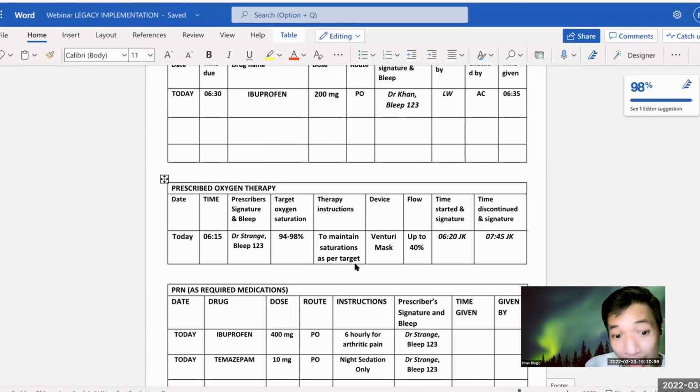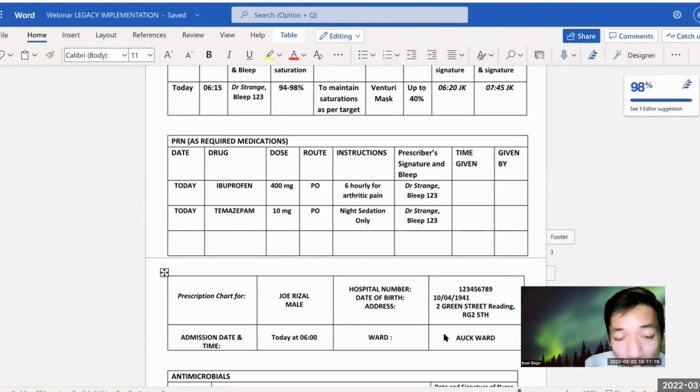And of course, you have to escalate that to the doctors in case you want to give something for the patient. A pain score of 6 out of 10 is moderate pain. So don't tell the patient, "Oh, Joe, let's wait for 5 more hours before we give your ibuprofen."